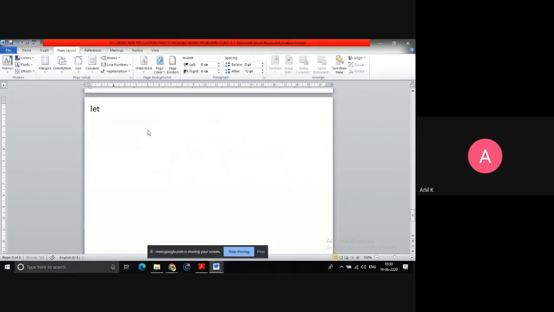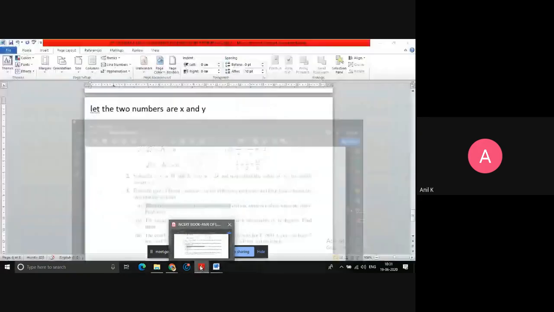What is the condition? Difference of two numbers. So let the two numbers be x and y. Okay, so I have taken the two numbers as x and y. So what is the first condition? Their difference is 26.